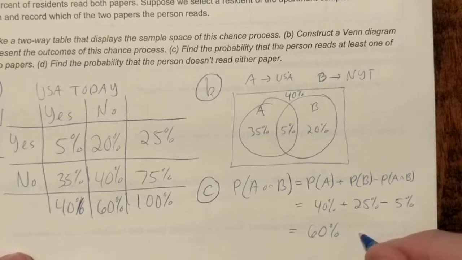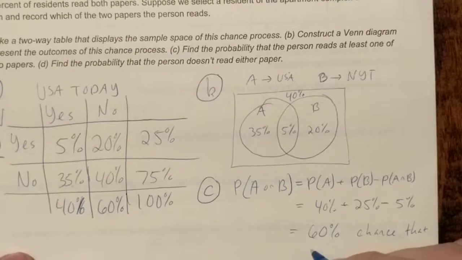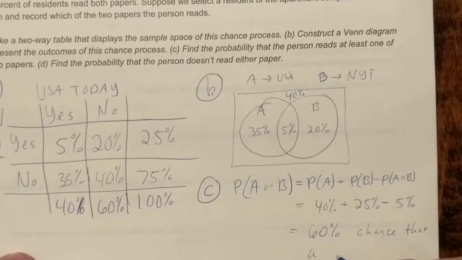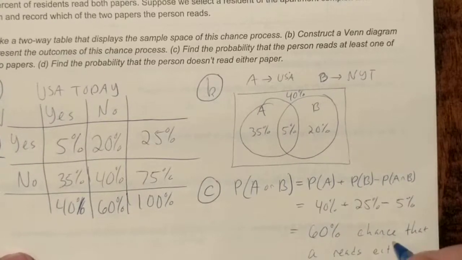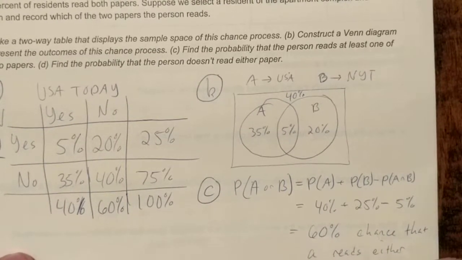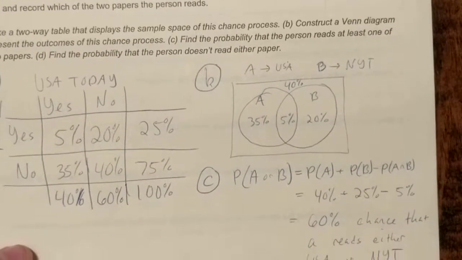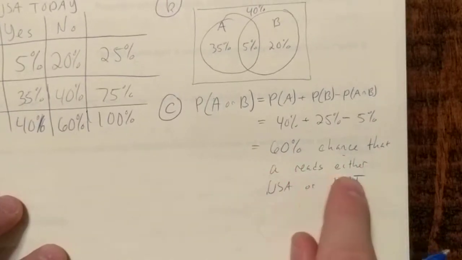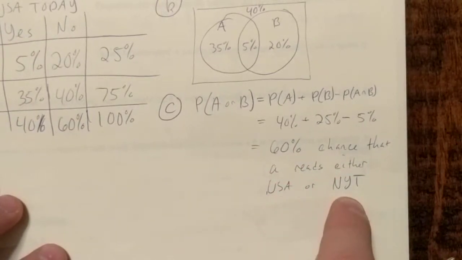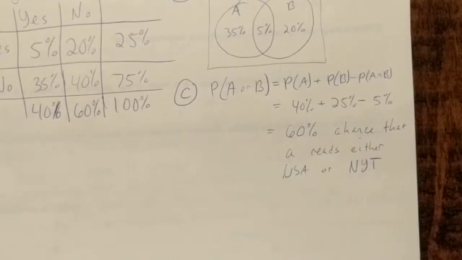So 60% chance that a person reads either USA or New York Times. So 60% chance that a person reads either the USA or New York Times. It could be both. You have to include that with the union of the two events.